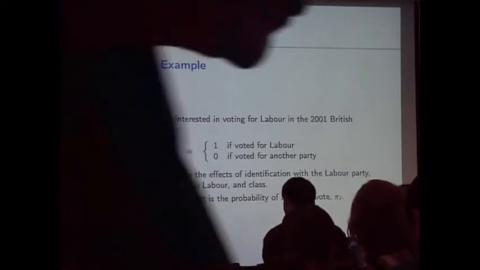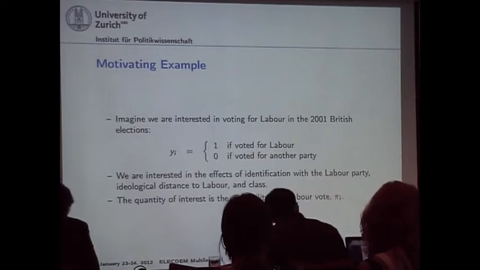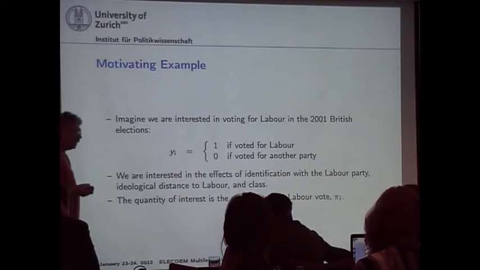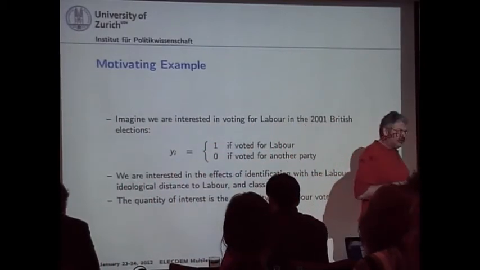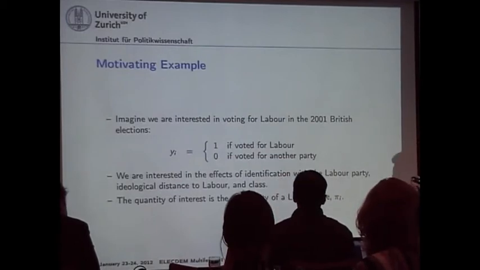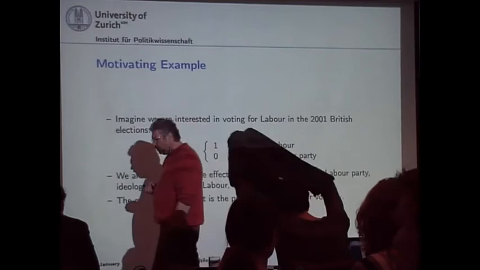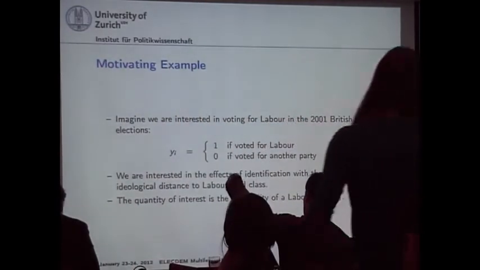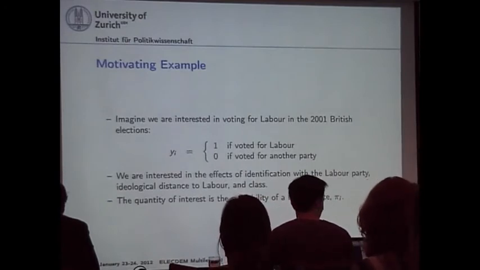And there are basically 3 kinds of explanatory variables that I'm exploring here. Again, I did not put that much thought into the specification, but one predictor here is whether someone identifies with Labour as a party. One is the ideological distance to Labour, and then I have class as a predictor as well.